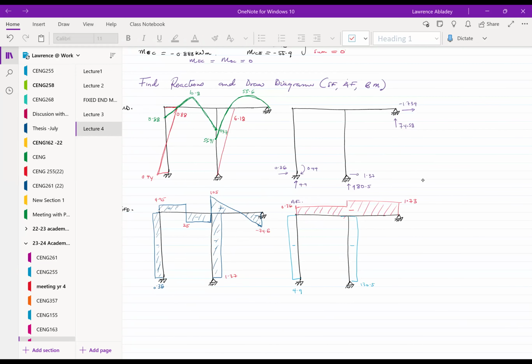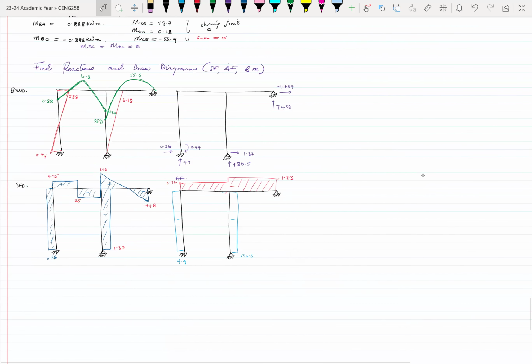All right, so I've taken some time to just draw the bending moment diagram, the shear force diagram, and also the reactions, all right? They might slightly be different from what you have done, all right?